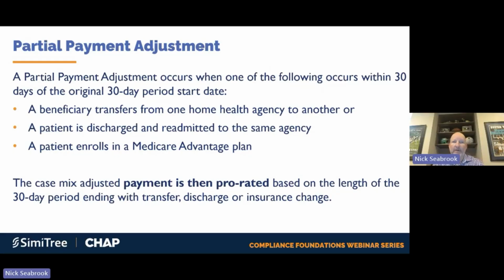That would be an example of a partial payment adjustment where that patient got picked up somewhere else. You might see that a lot with snowbirds, for example, who live in the summer in the Northeast and in the winter they go down to Florida. That would be an example of a potential partial payment adjustment.